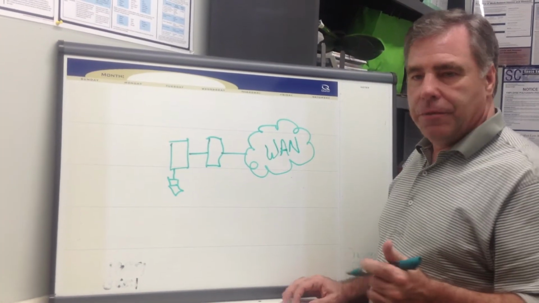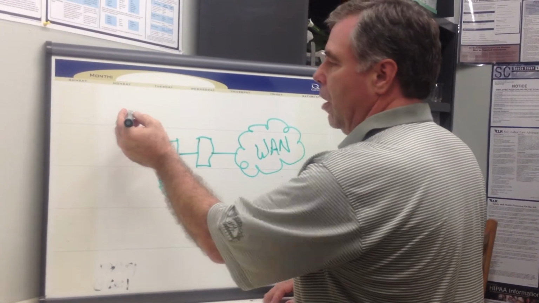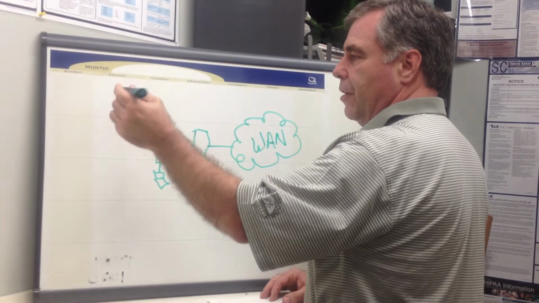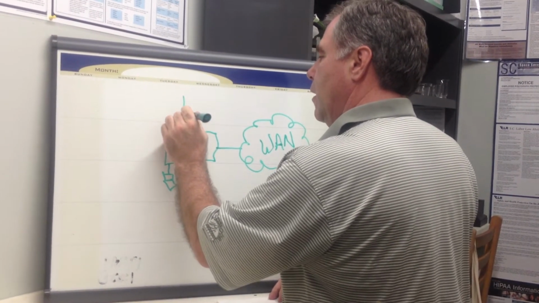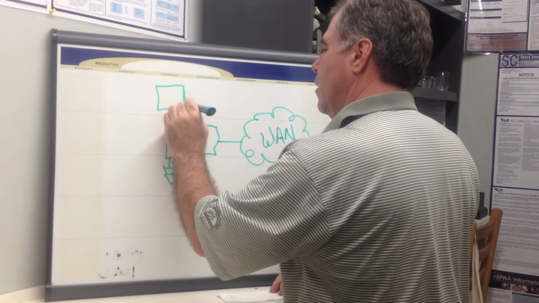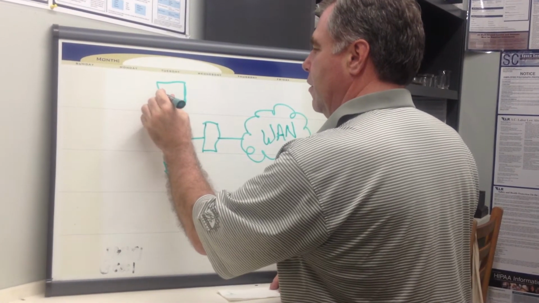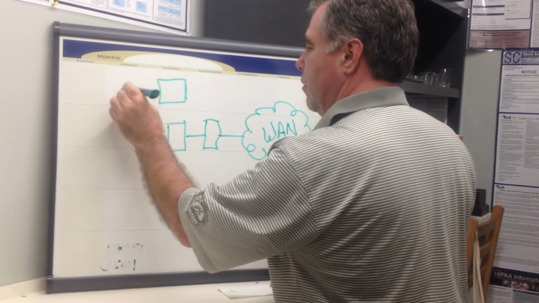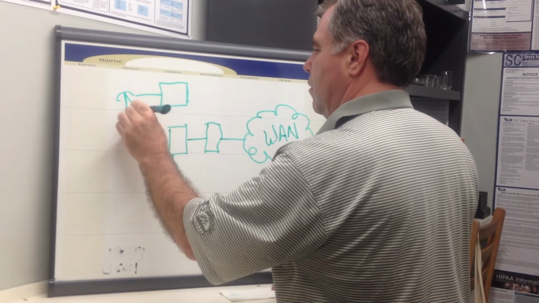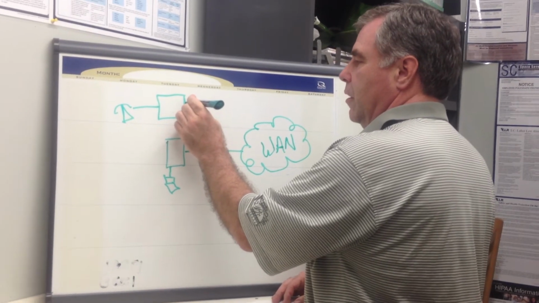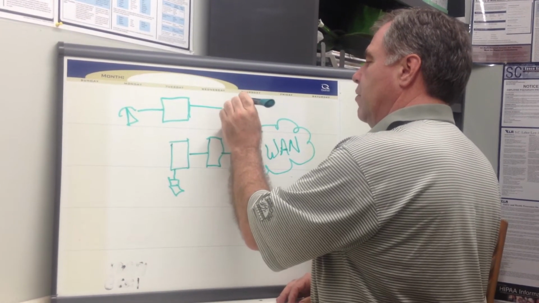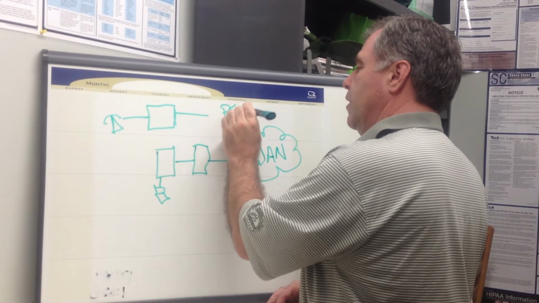The voice network that Ma Bell invented 103 years ago, it has a PBX that connects to telephones, and that PBX connects to the Public Switched Telephone Network, or PSTN.